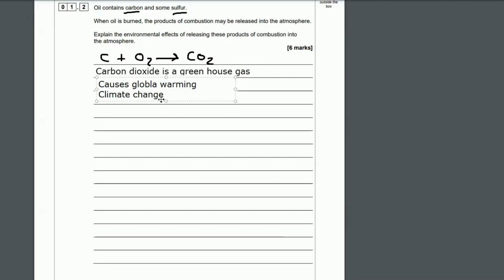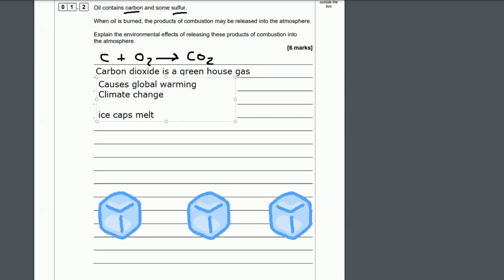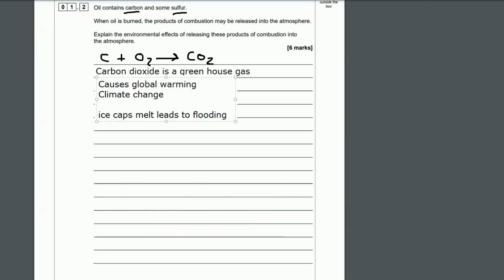You could say that the carbon dioxide traps infrared radiation if you want. You can expand on that part of it if you like. I'm just going to go through as quick as I can. So carbon dioxide, greenhouse gas, causes global warming, climate change. What are the results of climate change? So we always remember the ice caps melt. What does that lead to? Leads to flooding. Obviously, I could have said before that sea levels rise, because that would then fit nicely into flooding.